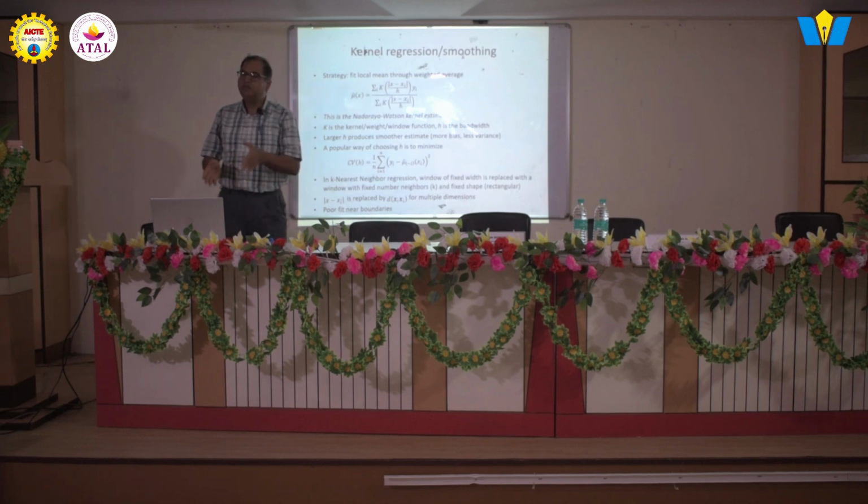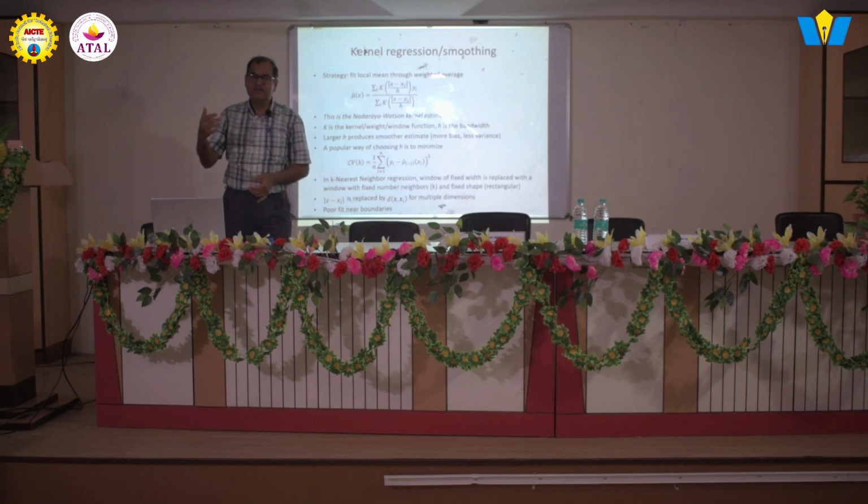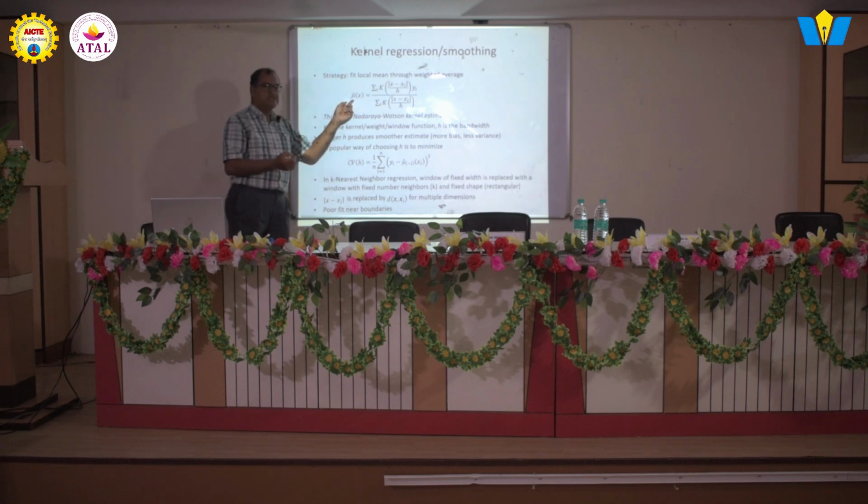So, let's try to map that to the age versus height problem that we are talking about. And let's say we have heights measured not necessarily on birthdays but throughout the age scale. So in order to define the age specific mean height, let's say I'm doing that for x equal to 12.